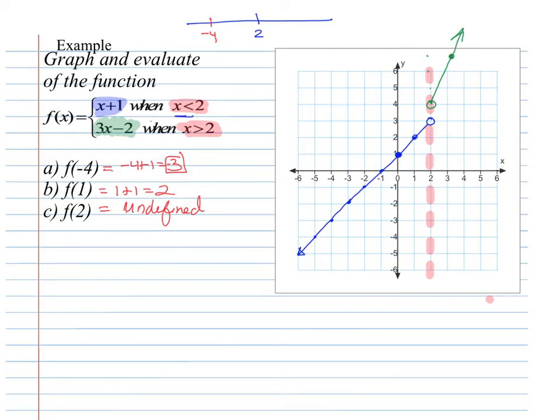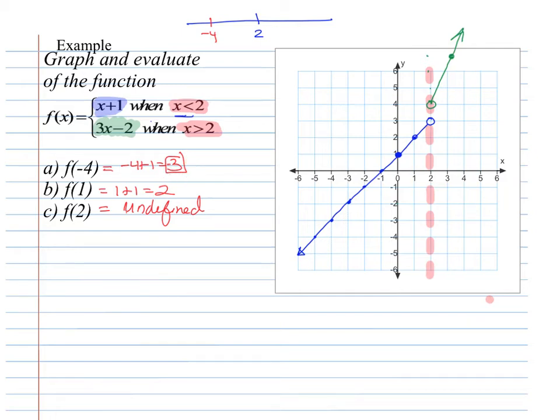When we're actually trying to evaluate our function, if you look at the negative 4, it lies in this restriction, not in this one, because this right here is all the numbers that are greater than 2. These are the numbers that are less than 2. It says negative 4 is less than 2. I have to substitute it into this equation. So I would go negative 4 plus 1, and it gives me negative 3.